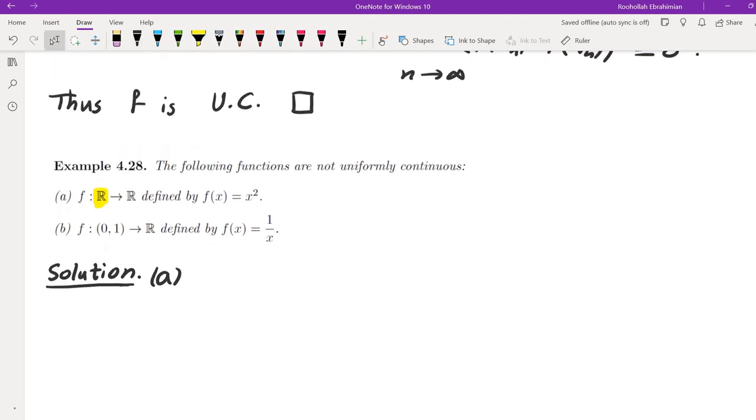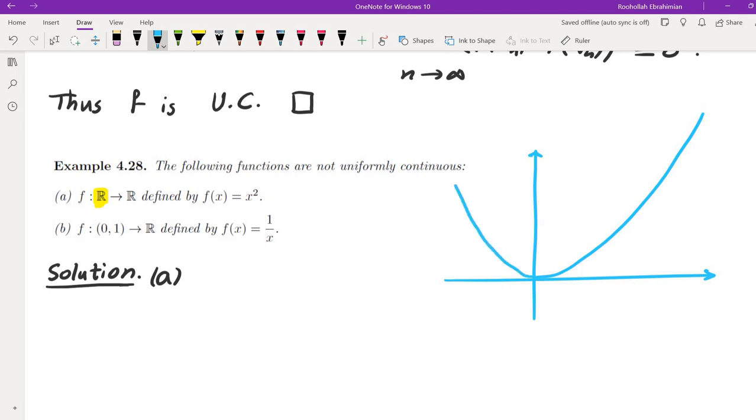So let's look at the graph of this function and see why one is uniformly continuous and the other one is not. If you look at the graph of this function, and perhaps I would have to draw this one steeper. If I look at the first one, which is from 0 to 1, then anytime you have two sequences that are close to each other, which is basically this is the run, their rise has a limit on it.